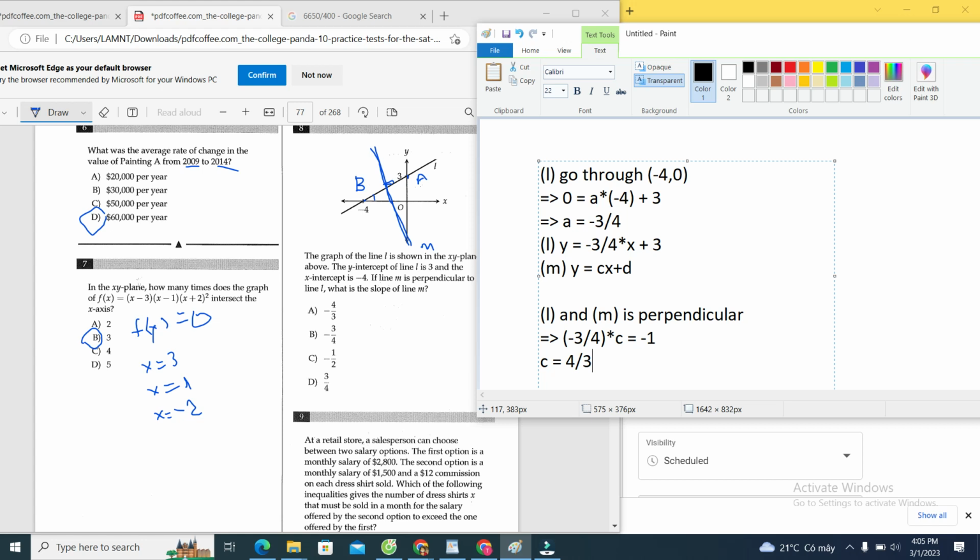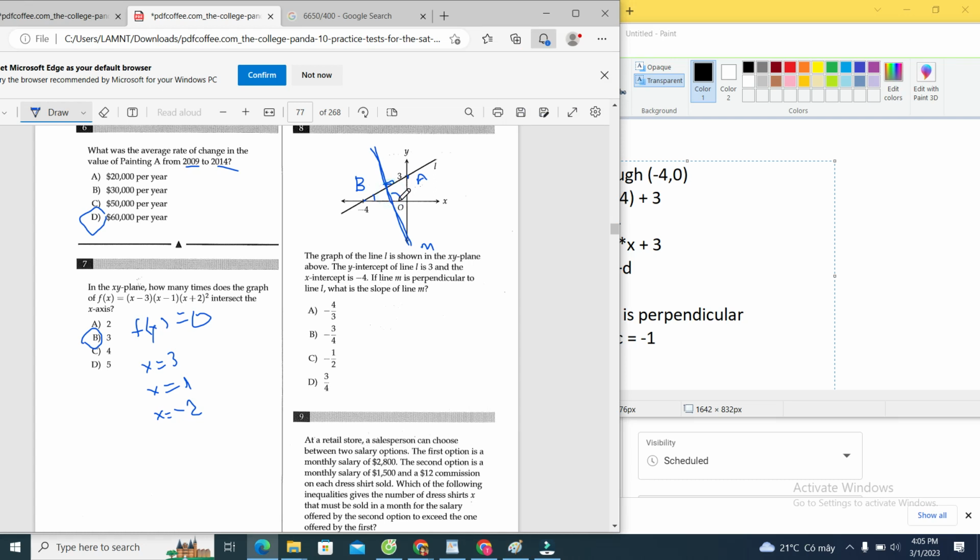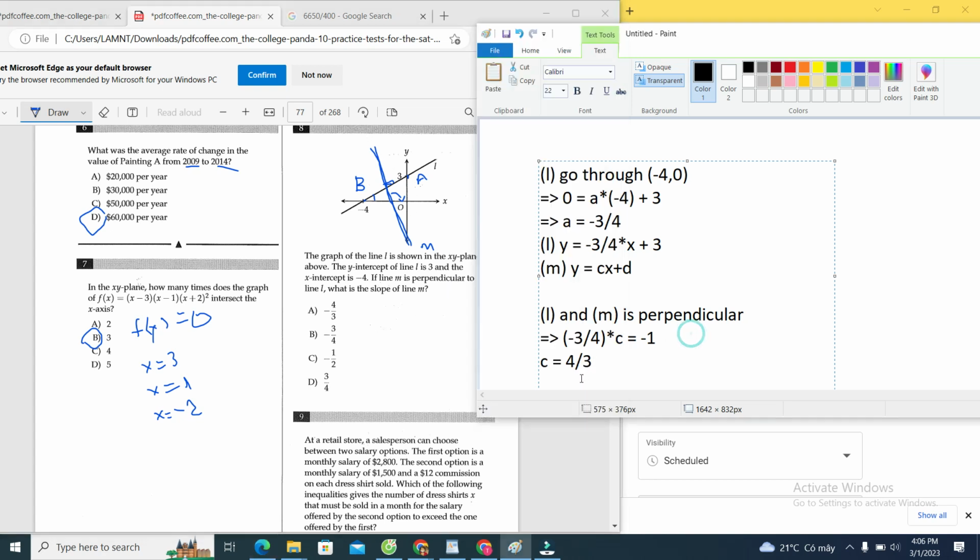We could have some error here because we should have a positive number. I should get 4/3, but there was something wrong. The slope of M is actually the tan of this angle, which should be negative because the line is going down here, so it should be something negative.